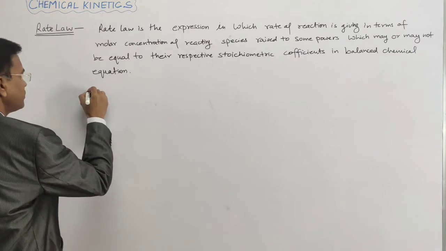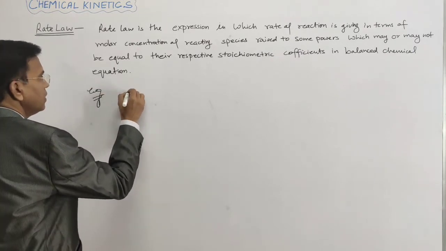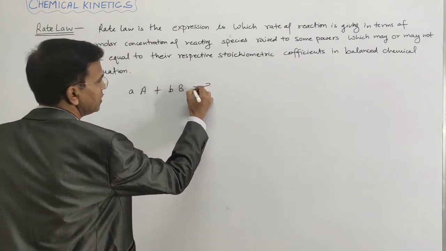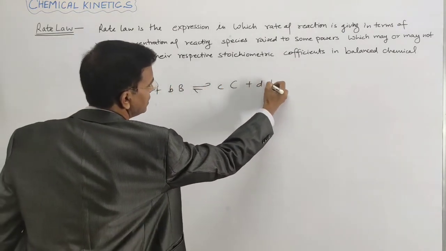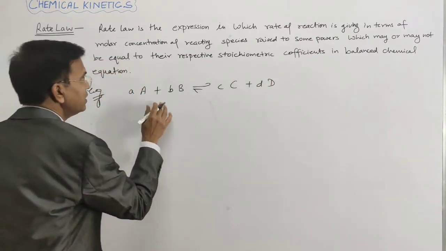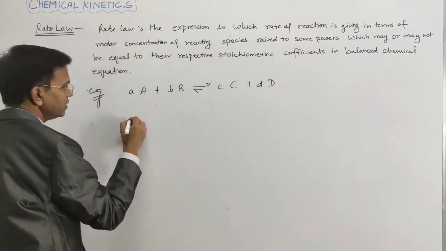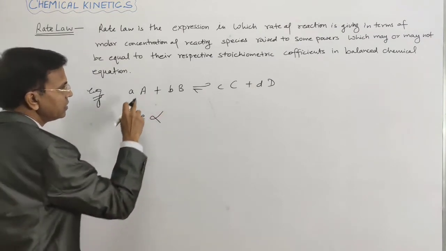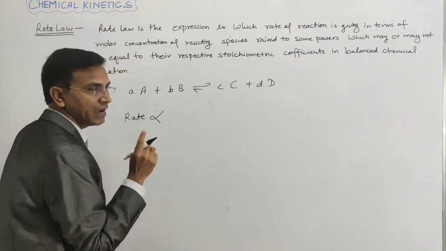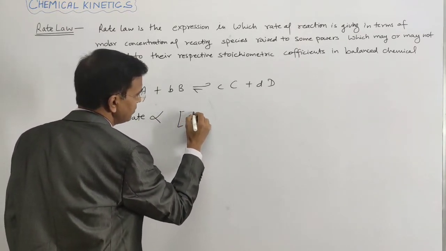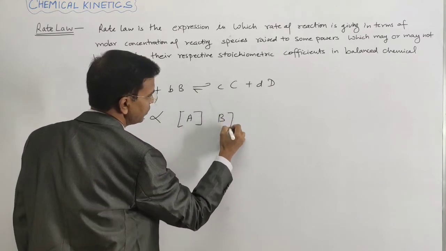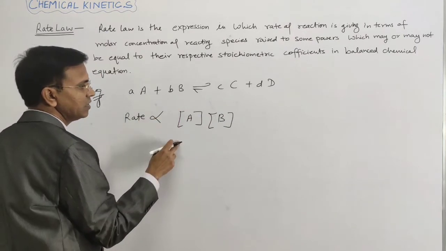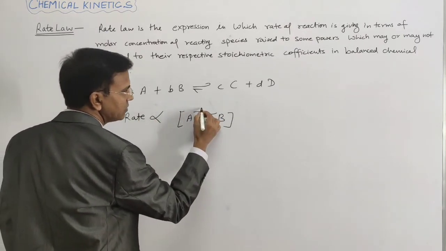For example, A plus B gives C plus D. According to this rate law, the rate of reaction is proportional to the product of the molar concentrations of the reacting species raised to some powers.